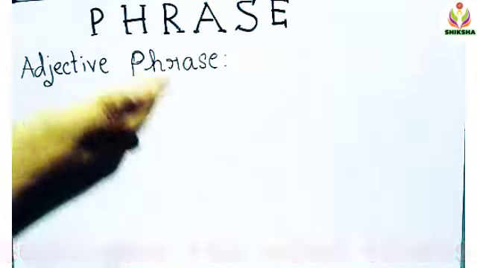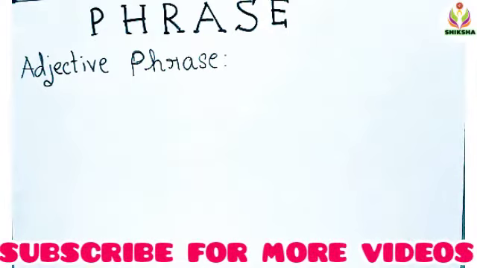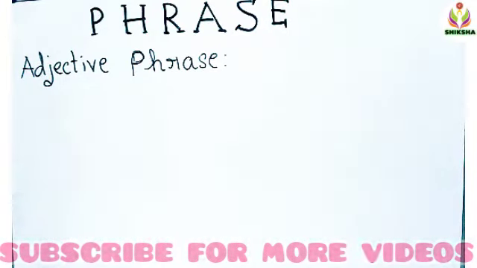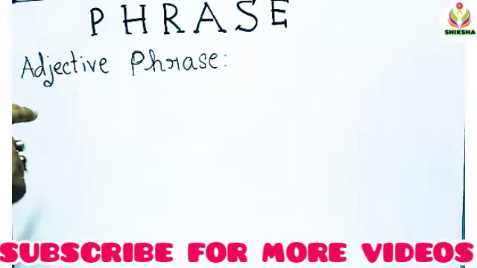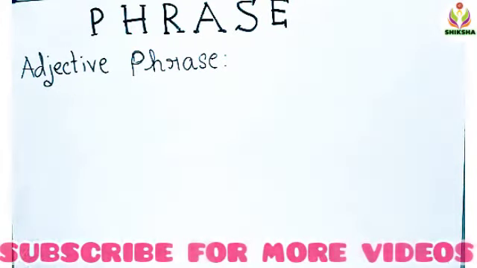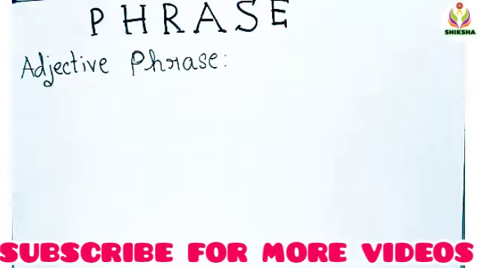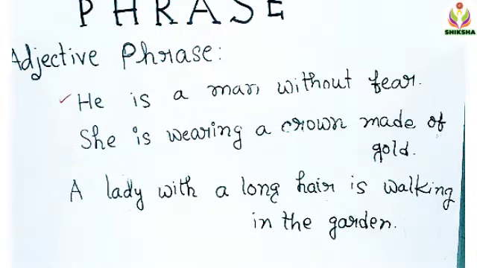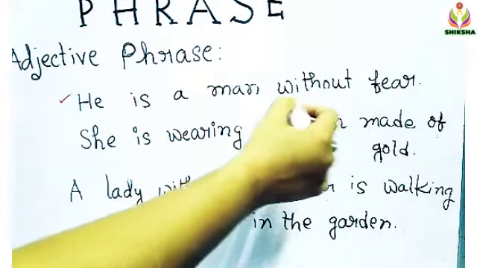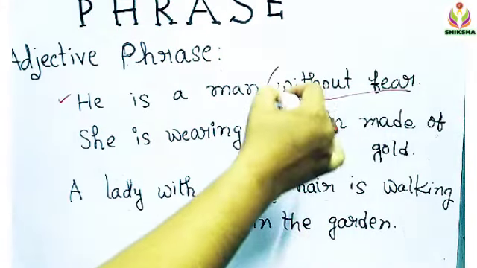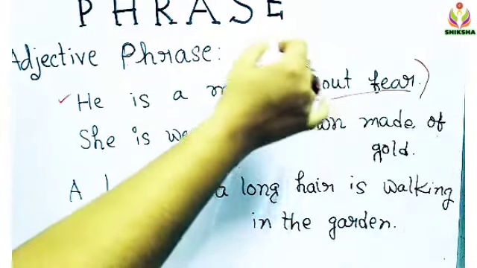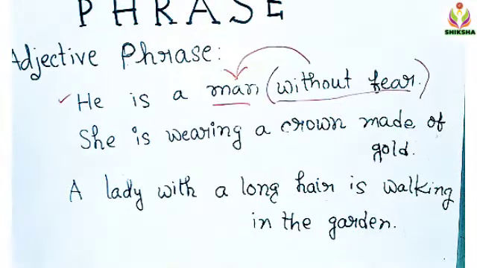The next type of phrase is adjective phrase. A phrase that works like an adjective in a sentence is called an adjective phrase. So, like an adjective, a phrase modifies a noun or pronoun in a sentence. Let's see some examples of adjective phrase. In the first example, he is a man without fear. So here the underlined part is describing the noun man.